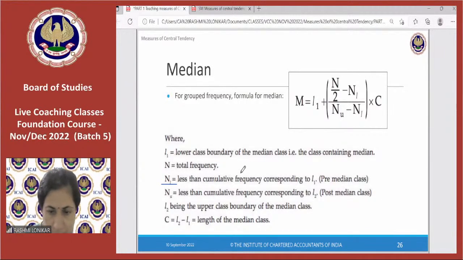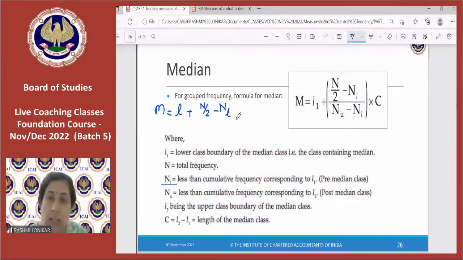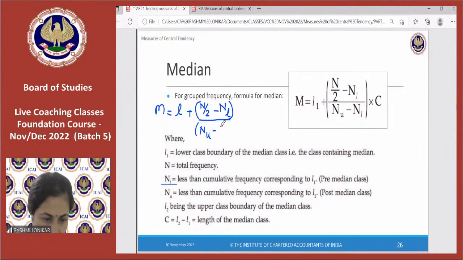Now, what does the formula say? Formula says that median is equal to lower class boundary of the median class plus n by 2 minus the less than cumulative frequency of the pre-median class, upon, I'll put this in bracket, NU, that is the less than cumulative frequency of the post-median class, minus NL, which is the less than cumulative frequency of the pre-median class, into C. What is C?